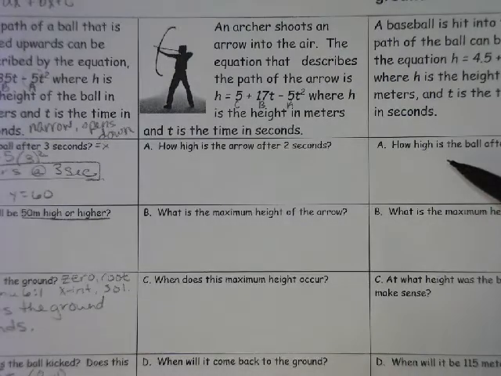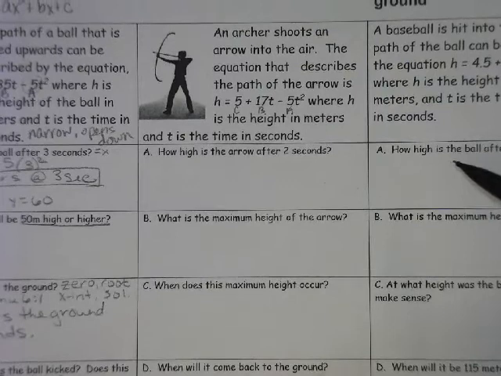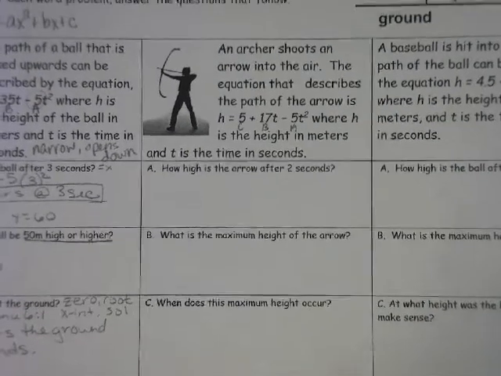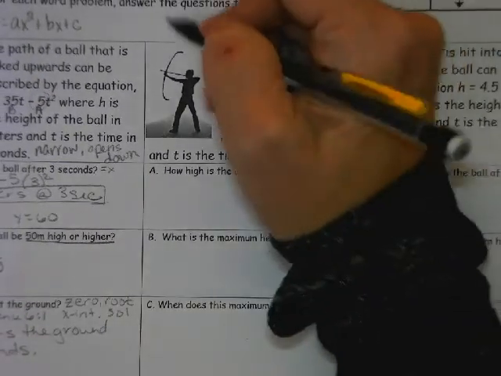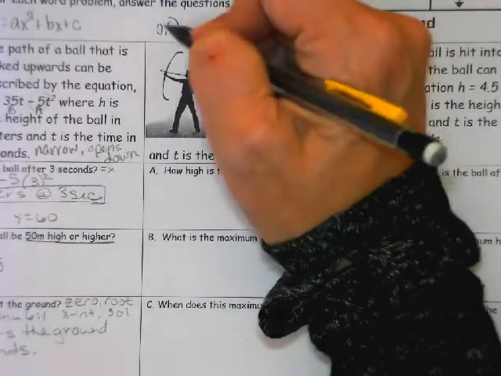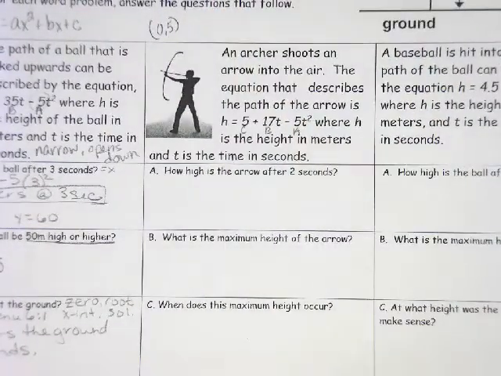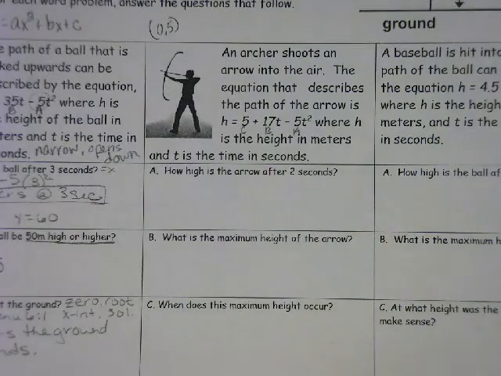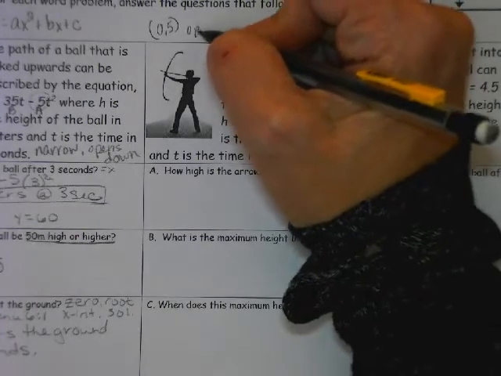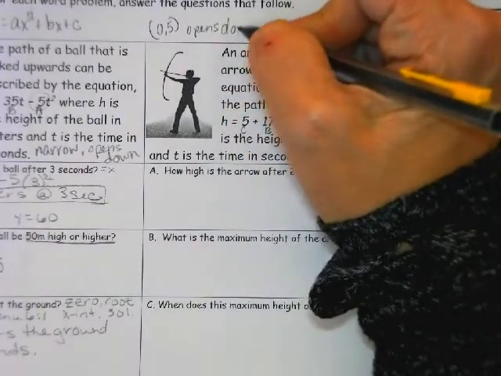What do you already know about this graph? Yep. Oh, okay. So we have a y-intercept of 0, 5. What else do we know? It opens down. What else do we know?